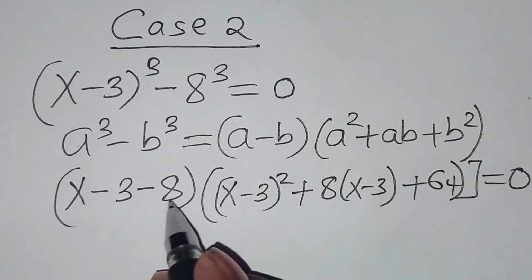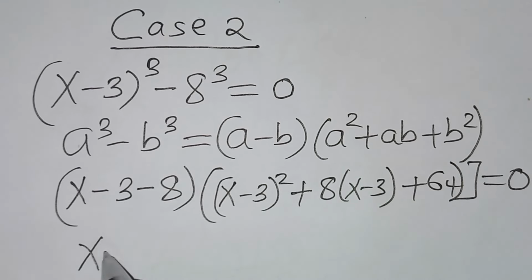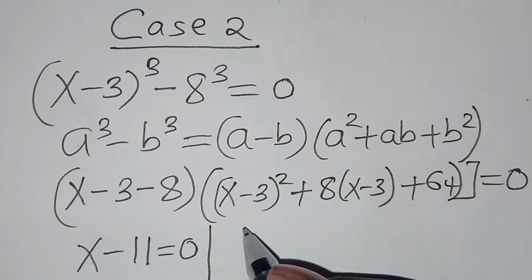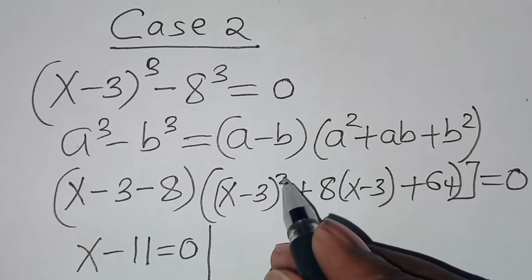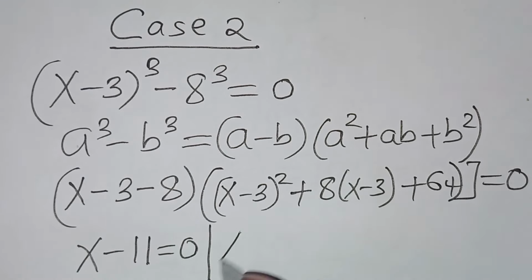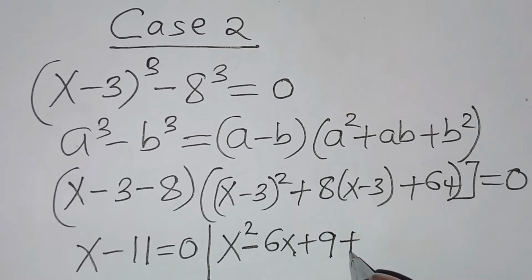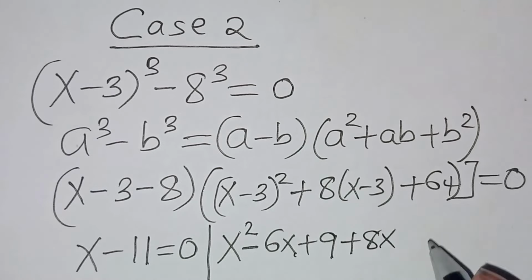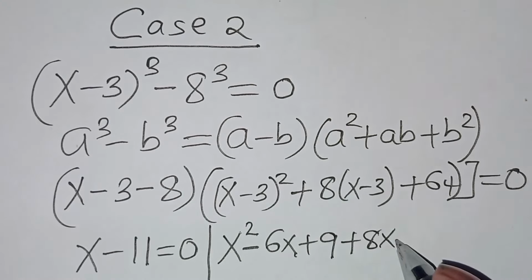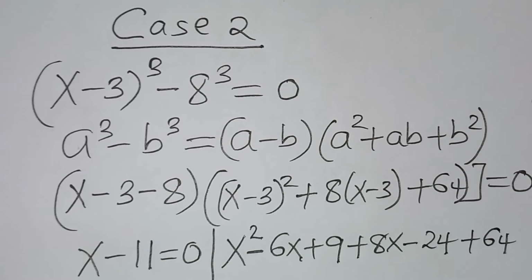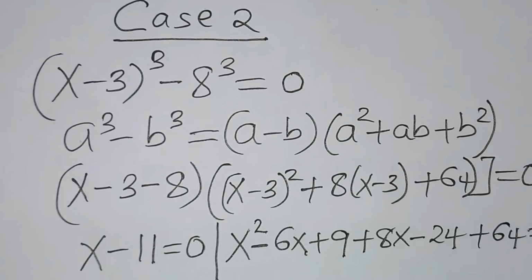So here we have x minus 3 minus 8, so this is x minus 11, equal to 0 as one part. And then here we have x minus 3 squared. Let us expand this. This is x squared subtract 6x plus 9, plus 8 times x, this is 8x, 8 times negative 3, this is negative 24, plus 64. This is equal to 0.